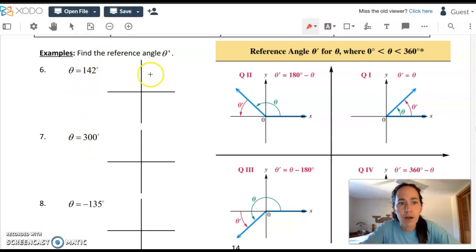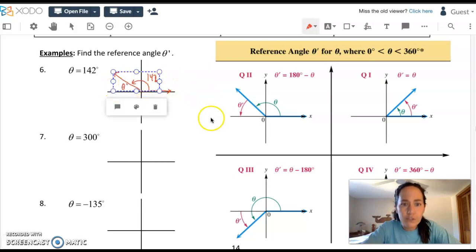Can we draw an angle of 142 degrees? Really we just need the initial side on the positive x-axis and the terminal side in the correct quadrant. We shouldn't be in quadrant 3 yet, right? We'll be in quadrant 2, and I'll draw it like that. This is 142 degrees. And the original question posed was, what is the reference angle, theta prime? Well, you're always using some sort of x-axis calculation here.